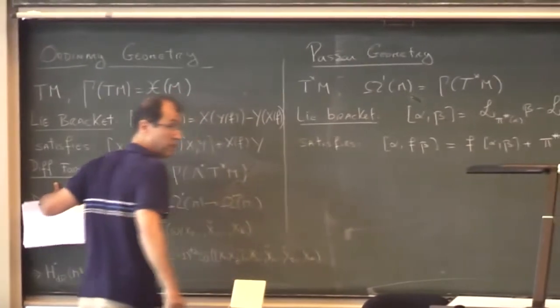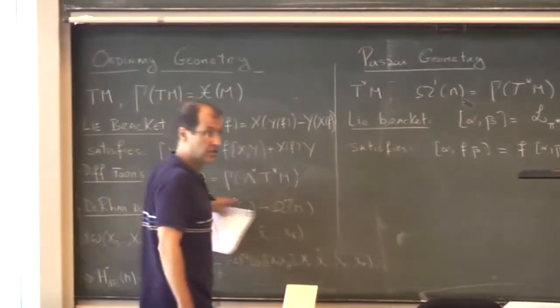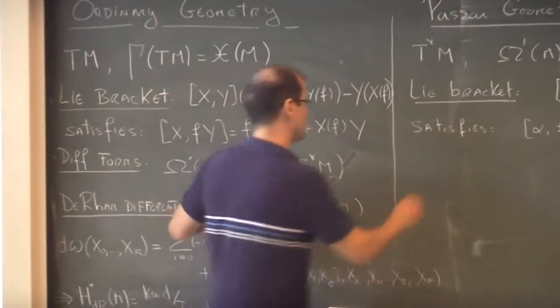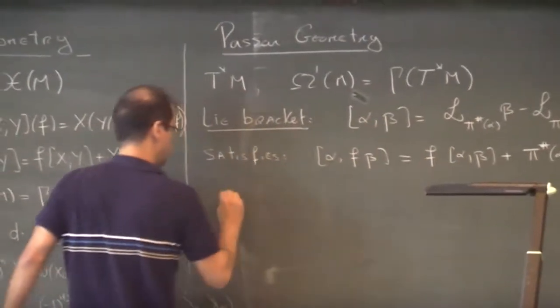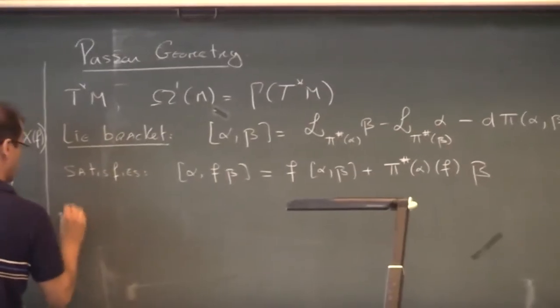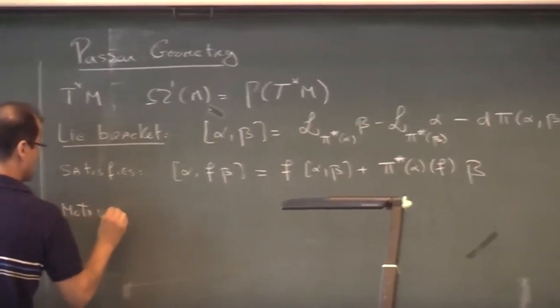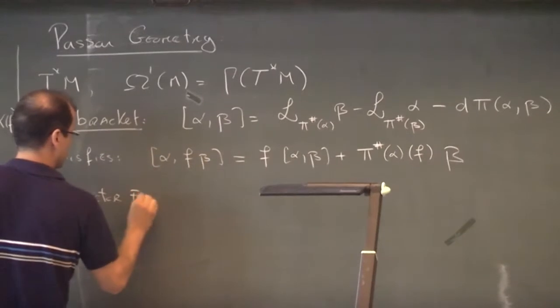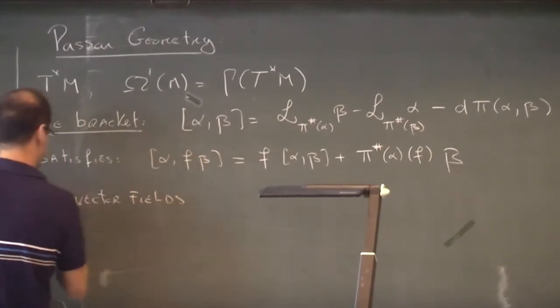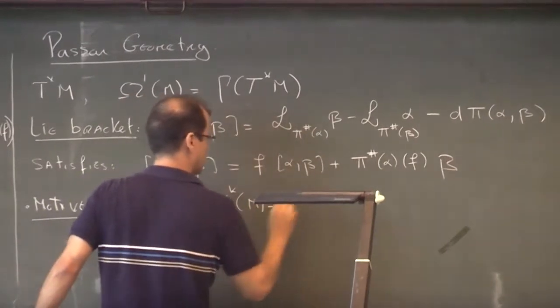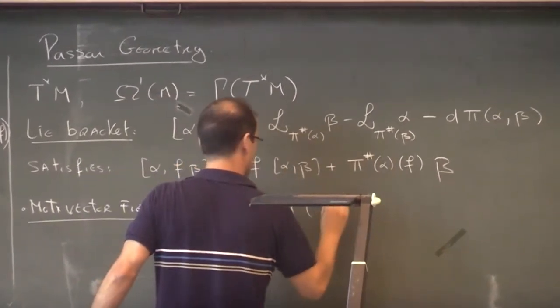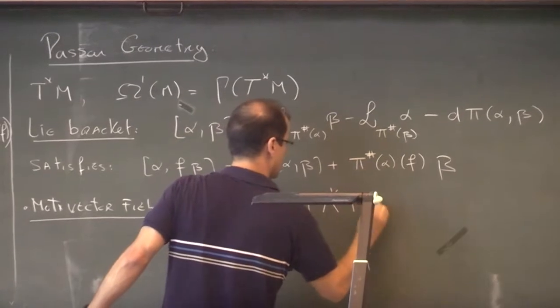Now what used to be differential forms, sections of the dual bundle, now are going to be sections of the dual bundle to T star M. So it's going to be sections of exterior powers of TM. So that's multi-vector fields. Okay?